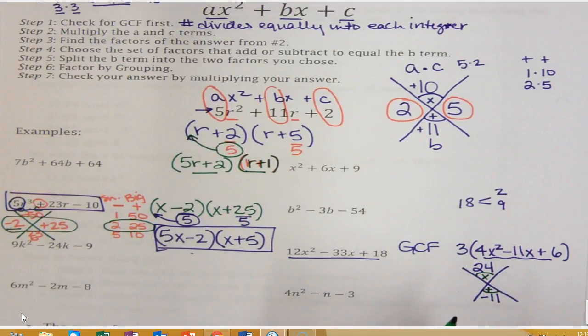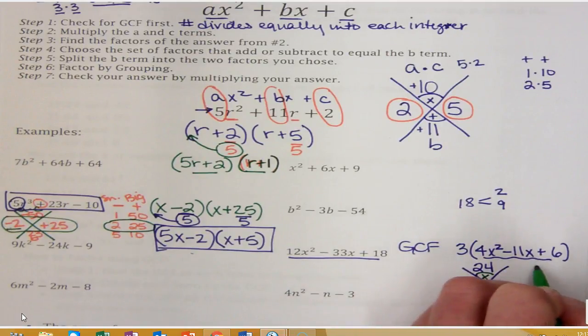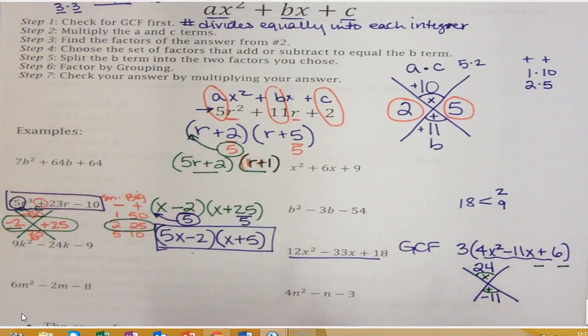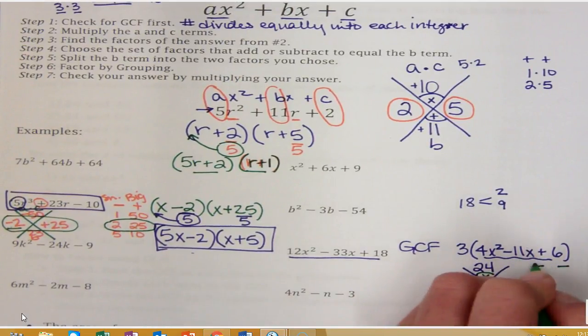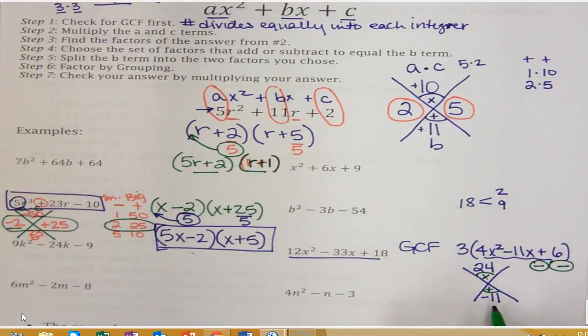A negative times a negative I know is a positive, and this is a negative, which means both of my factors of 24 have to be negative because they have to combine to be a negative number and multiply to be a positive number.